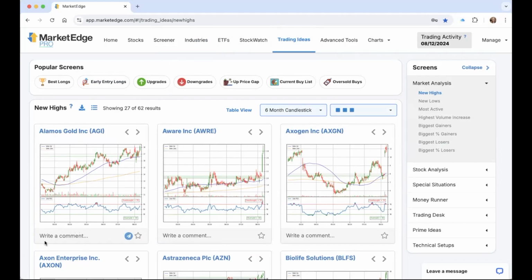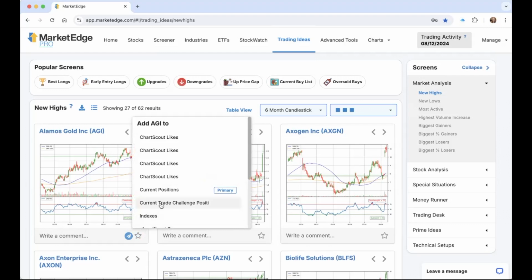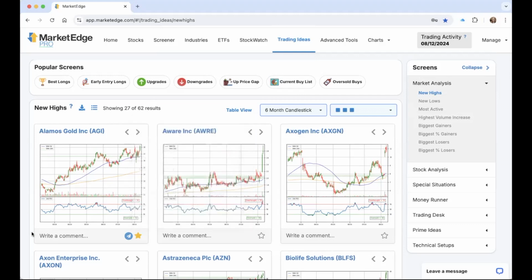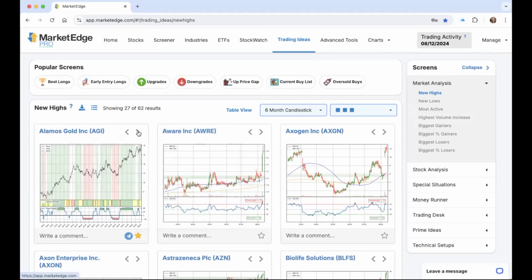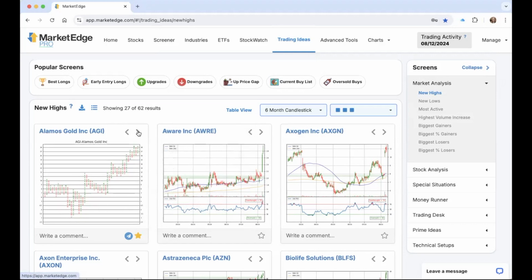You can add a stock to a watch list from in here by hitting that star. Any of these lists, you can add it to basically. And now it's in current positions. You can also cycle through a number of different charts within chart view: second opinion, history, point and figure, a variety of charts.